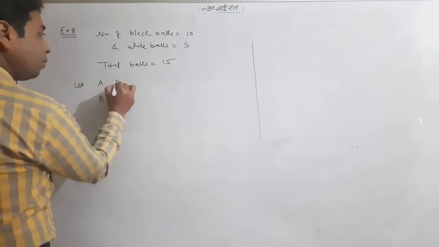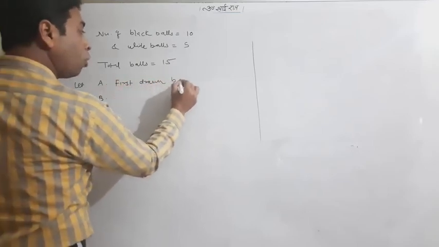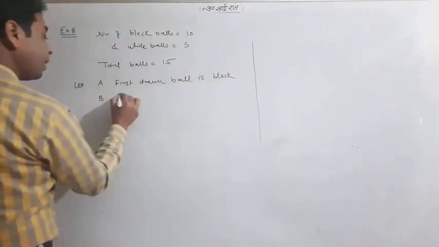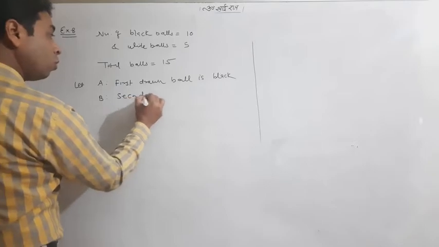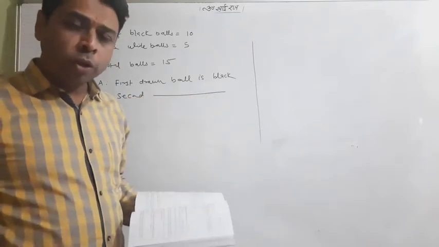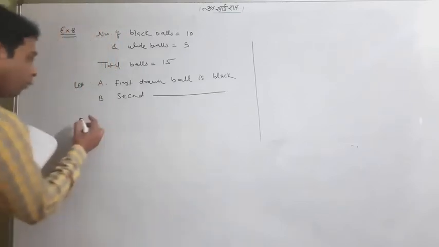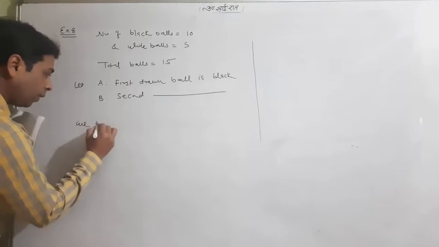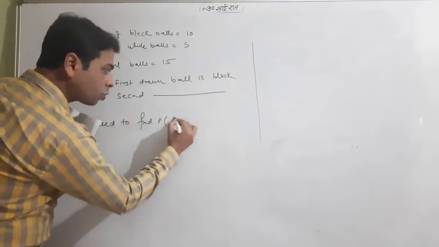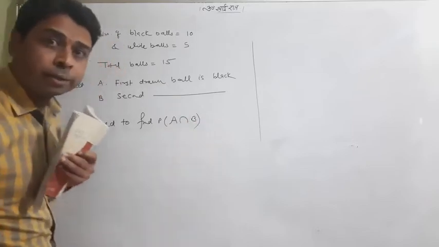Okay. Event A: first drawn ball is black. Event B: second drawn ball is black. Why? Because both drawn balls are black. We have to find the probability, so one can understand what to find out. We need to find: first drawn ball is black and second drawn ball is black.